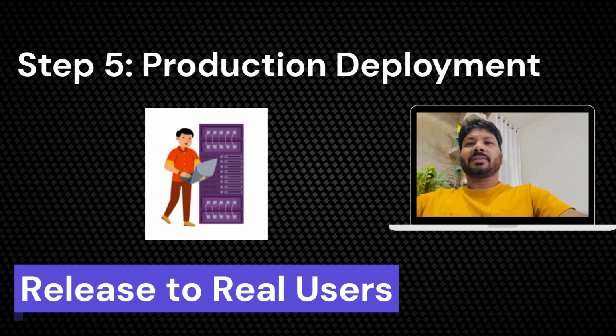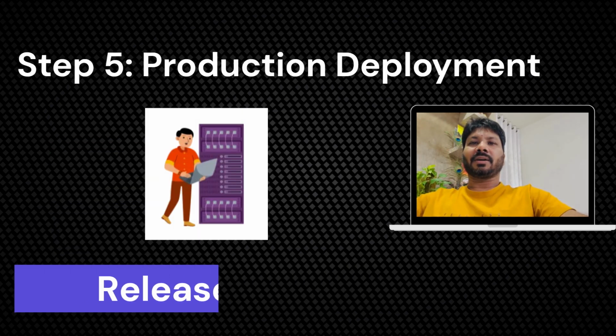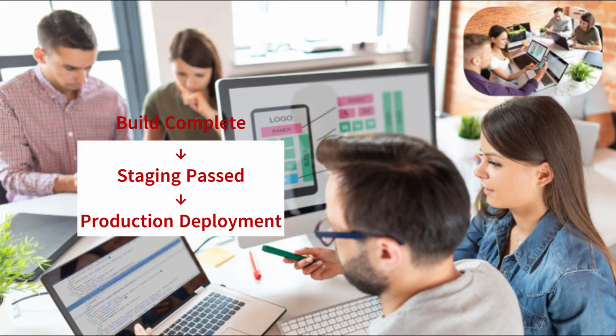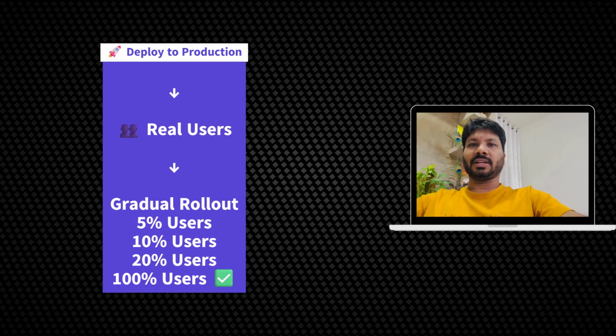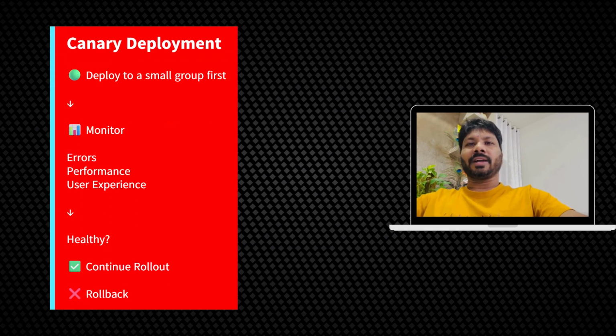Step 5. Production deployment. Now comes the exciting part, production. This is where real users interact with your application. But modern companies do not deploy to everyone immediately. Instead, they release the new version to maybe 5%, 10%, or 20% of users first. That is called a canary deployment. Why?